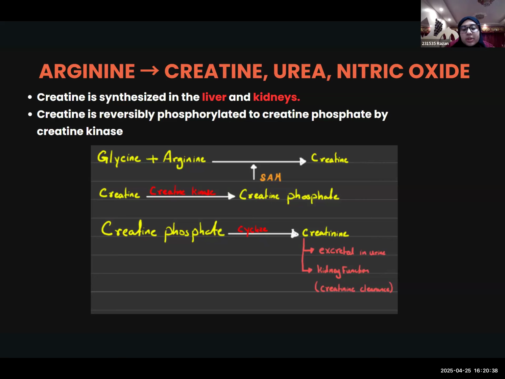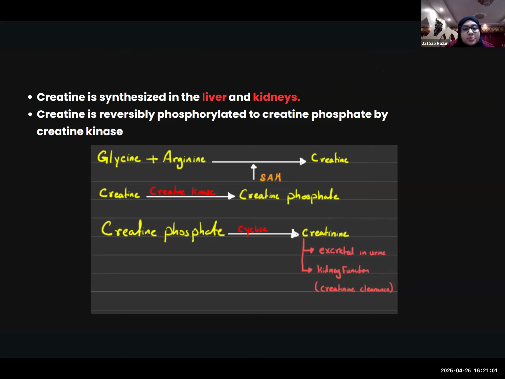Why? Because this athlete is working out in the gym and these things, so the muscles also produce creatinine. Here the increase in creatinine is not due to kidney failure, but it's due to muscle production. So you need to differentiate between these things too.